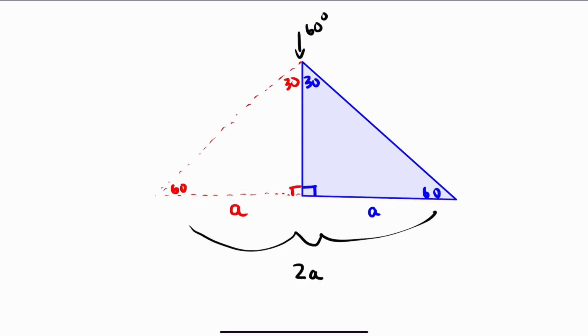And since, again, we're dealing with an equal angular triangle, the sides must be the same. Equal angular means equilateral. All the sides are the same. So this is 2A, this has to be 2A, and then this here has to be 2A. Okay? So we have 2A here, 2A here, 2A here.